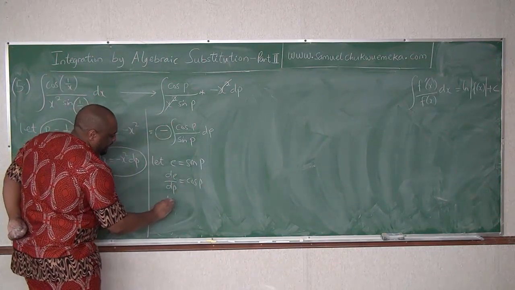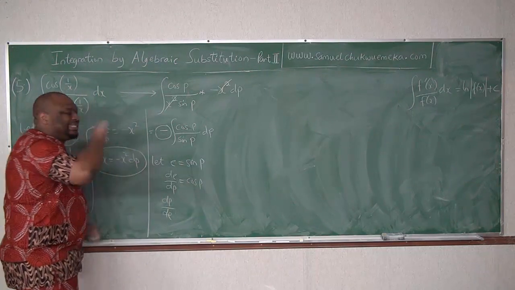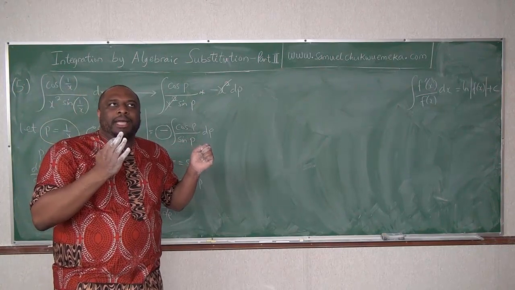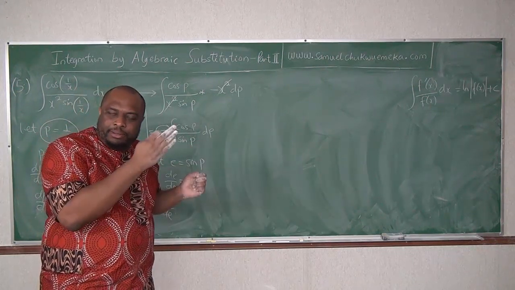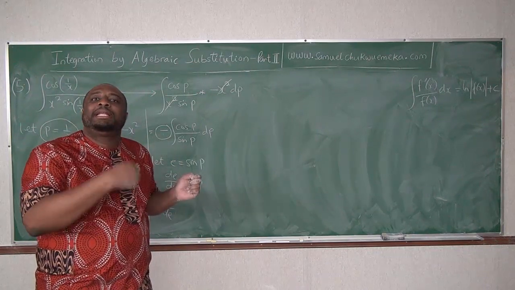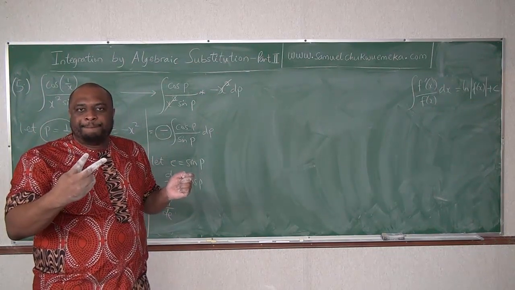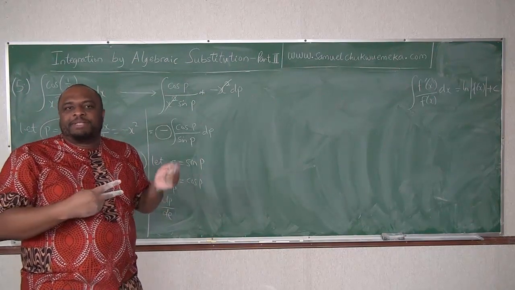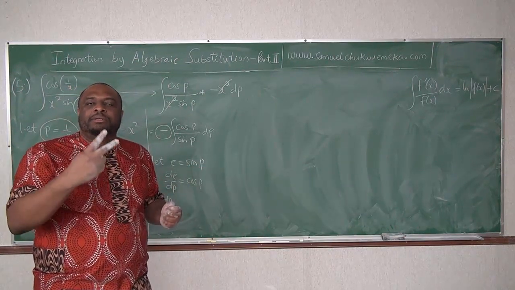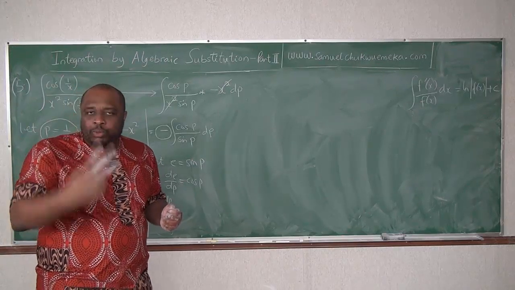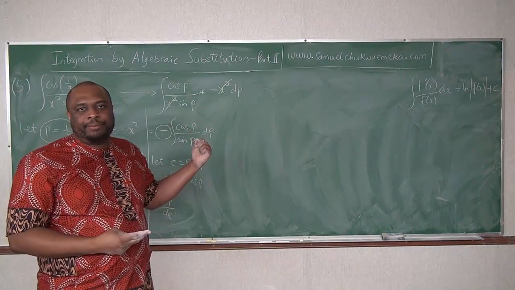I am doing integration again, just like in the videos we did on integration by parts, where there were some questions we did in 2 parts. So yes, sometimes you have to do integration by algebraic substitution twice, like in this example.